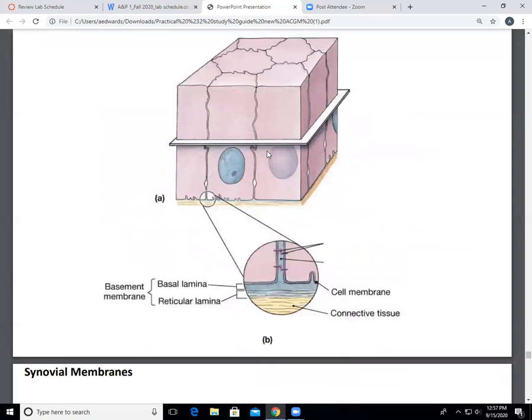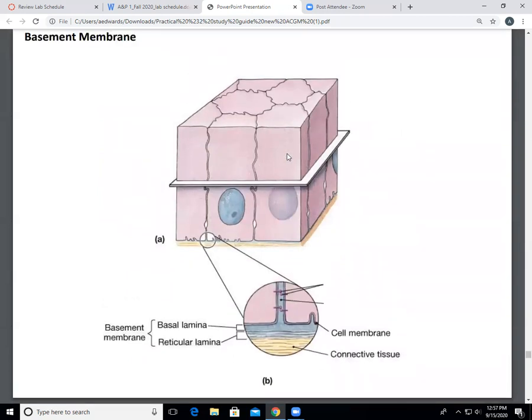All right, another characteristic for membranes is the presence of a basement membrane. So cells attach to each other to stay together, but they also need an anchor at the bottom to attach to. And that's the basement membrane. And basement membrane's got two layers.